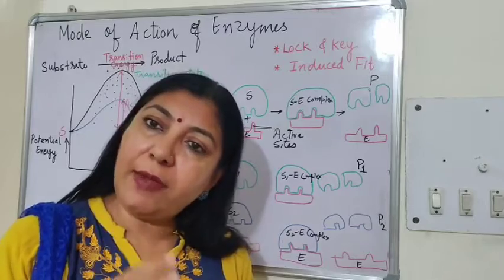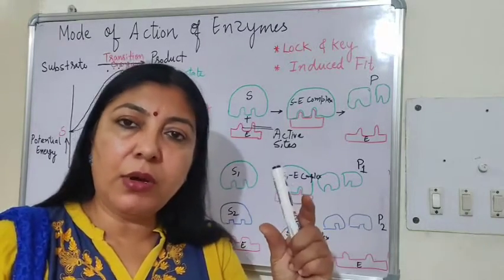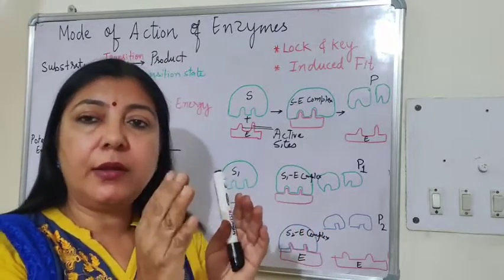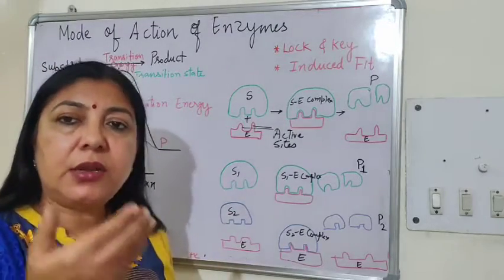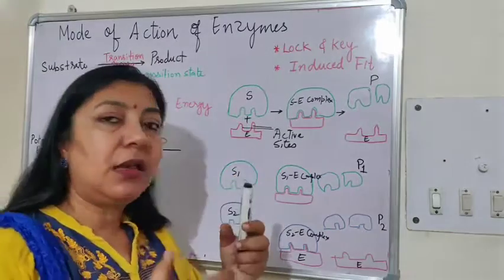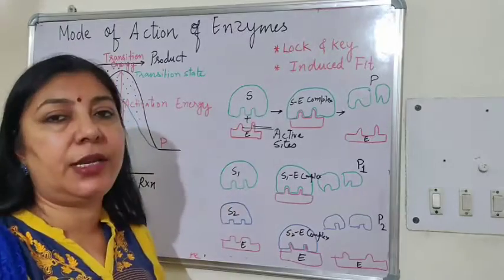As we know, for every lock there is a specific key. The hole in the lock is complementary to the key. In the same way, substrate and enzymes are complementary. These active sites are complementary to a specific substrate.